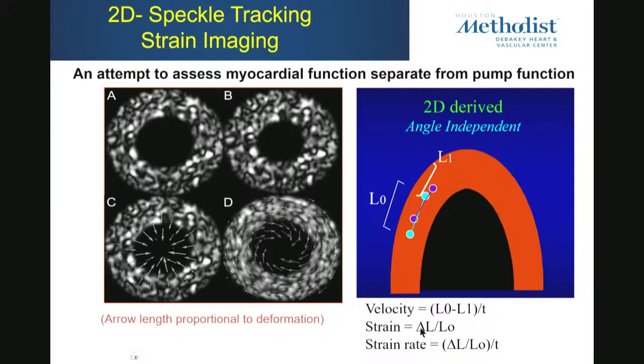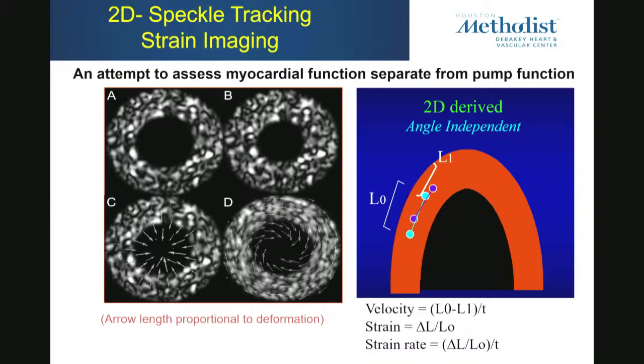So strain is basically the change in that distance divided by the initial distance. It's basically a dimension displacement of that small area of the myocardium. Velocity is dividing that by the time between them. And of course, there's always noise in these techniques. So when you put in time and make it a strain rate, you do increase the noise.